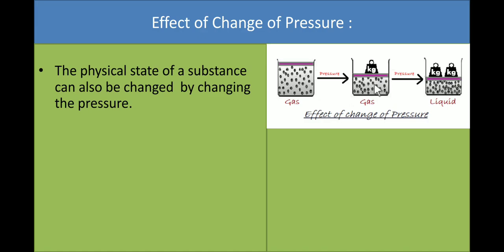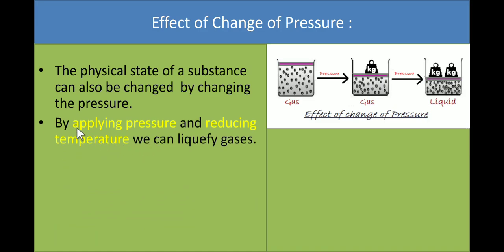If we further increase the pressure, the gas may be liquefied. So we see, by applying pressure or changing pressure, we can change the state of matter, that is, from gas to liquid. This is called the effect of change of pressure.